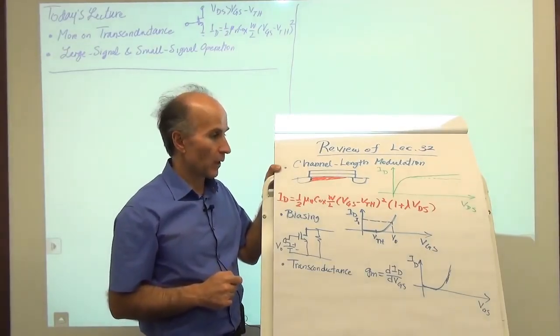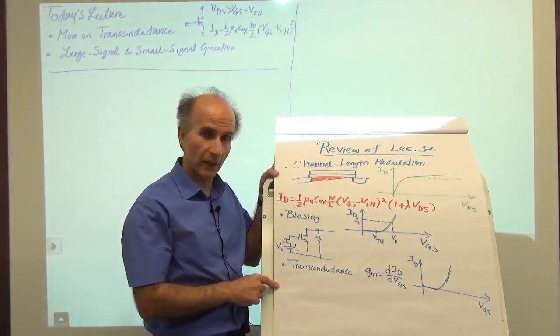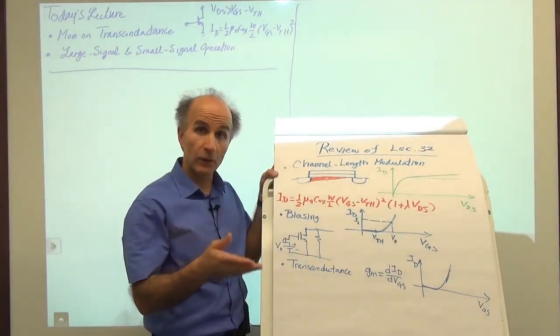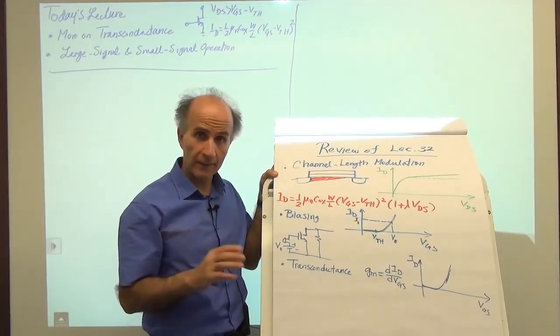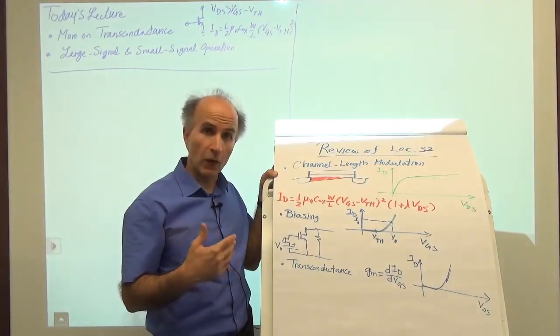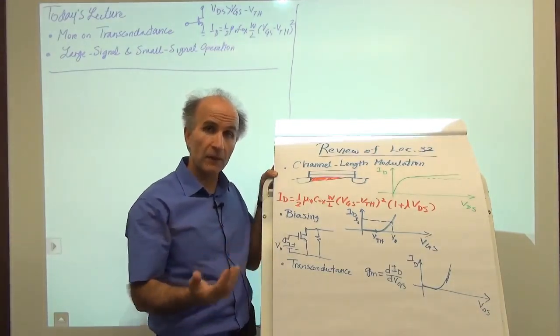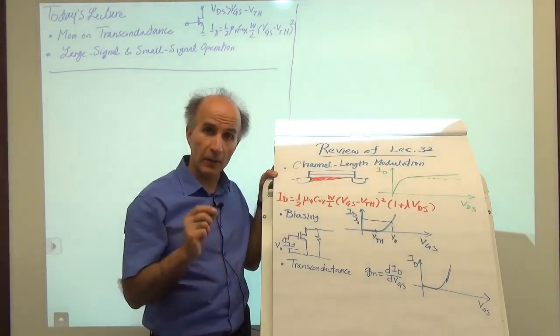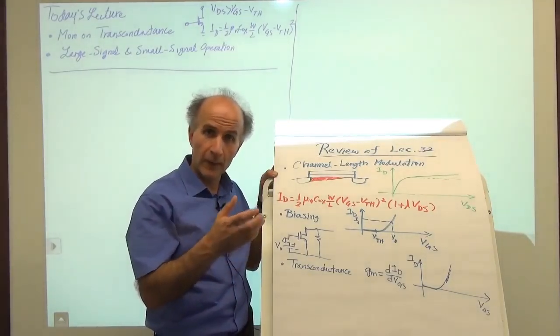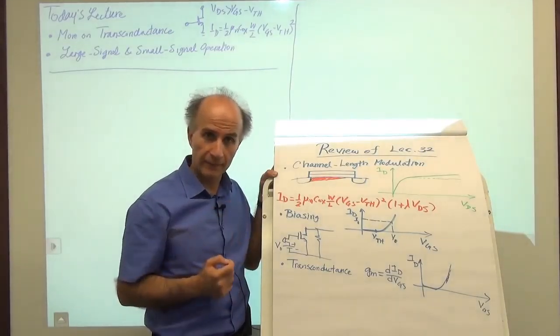All right, we also looked at the concept of biasing. We saw that if we have a MOS device and we just apply a signal to it without anything else, the device is dead. There's no current in it. We are hoping that it will convert a voltage to a current, but it doesn't do that if we just apply a little signal to, for example, a gate source voltage, but nothing else.